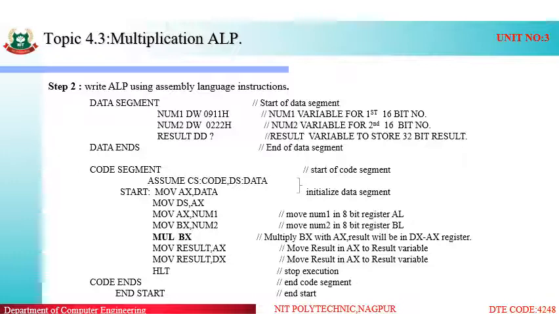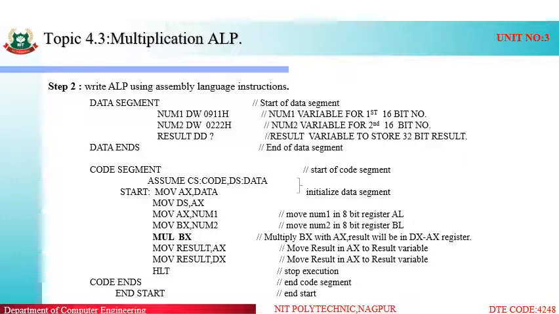BX will be multiplied with AX and the result will be stored in the DX AX pair of registers because the result is 32-bit. Pair means two registers, that is DX and AX.